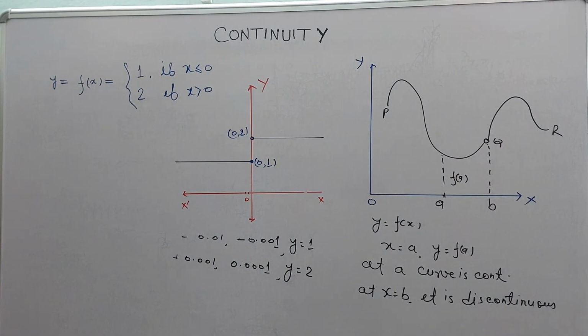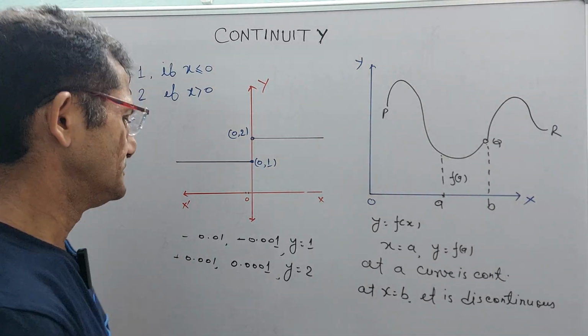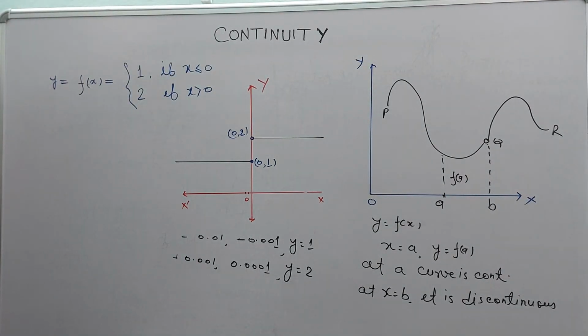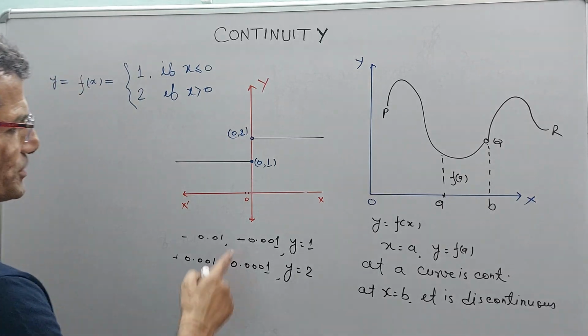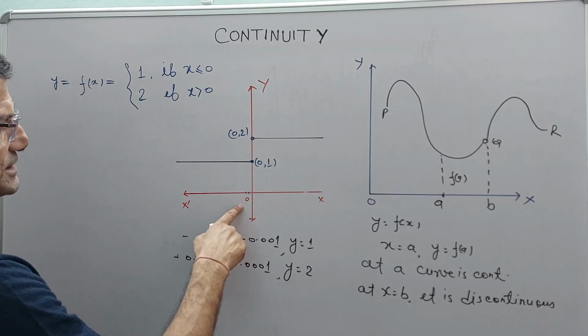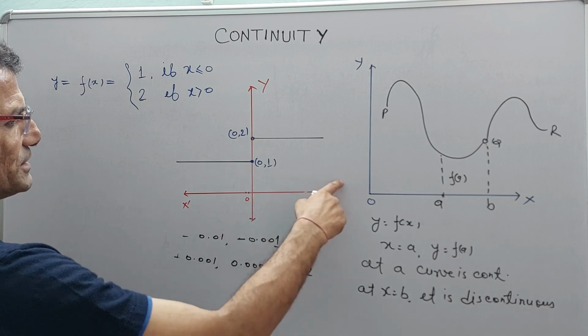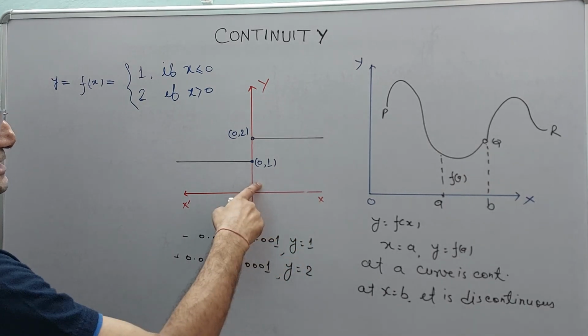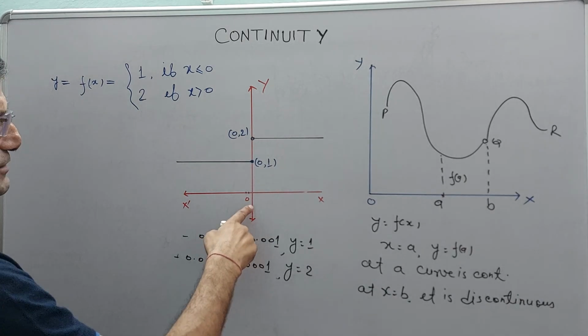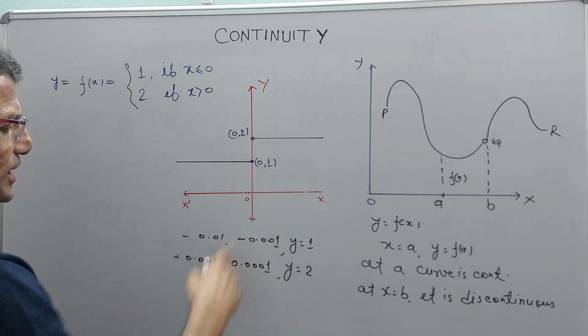So in the language of limits, if I approach 0 from the left hand side, the value comes out 1. If I approach 0 from the right hand side, toward the origin, the value is y equal to 2.